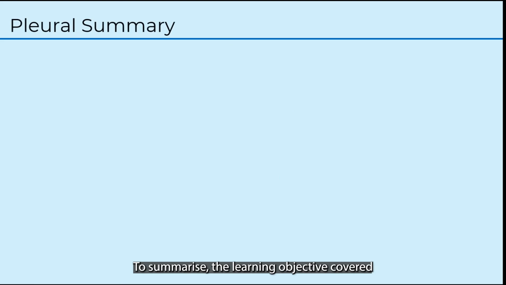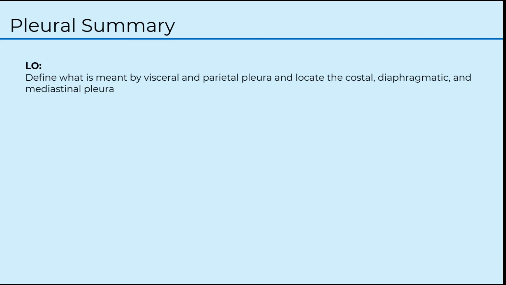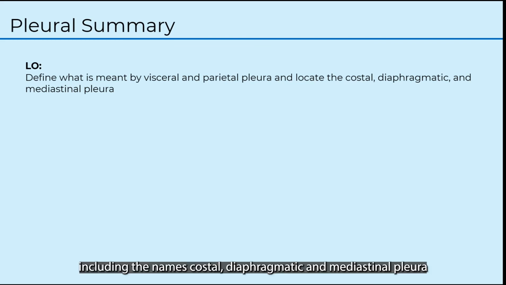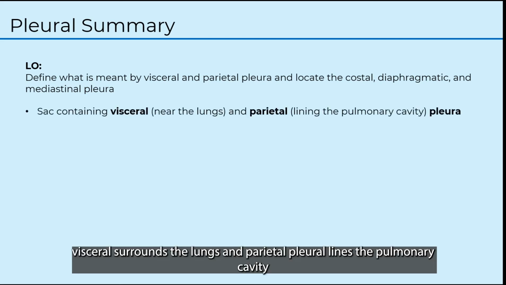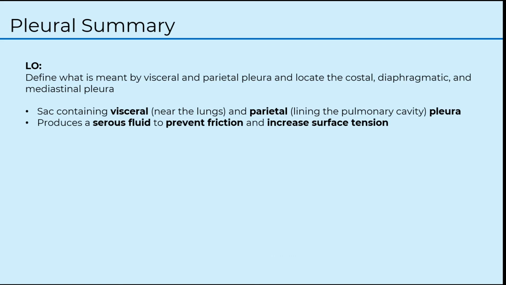To summarise, the learning objective covered today will help you describe the terms visceral and parietal pleura, including the names costal, diaphragmatic and mediastinal pleura. Visceral pleura surrounds the lungs, and parietal pleura lines the pulmonary cavity. The mesothelial tissue produces pleural fluid, which prevents friction and increases surface tension.